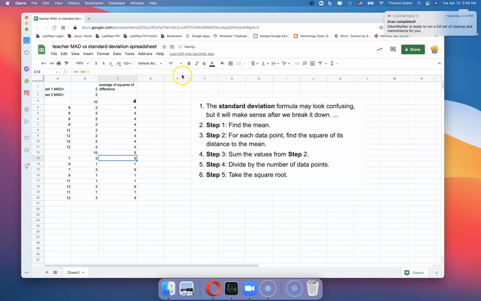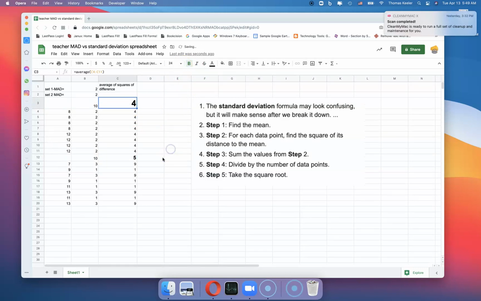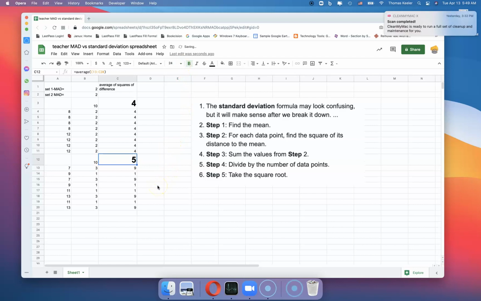No, it's not. It's going to equal 5. So we got a difference. Let's make it a bit bigger. So, is our average deviation 4 or 5? No, it's not. There's a last step.